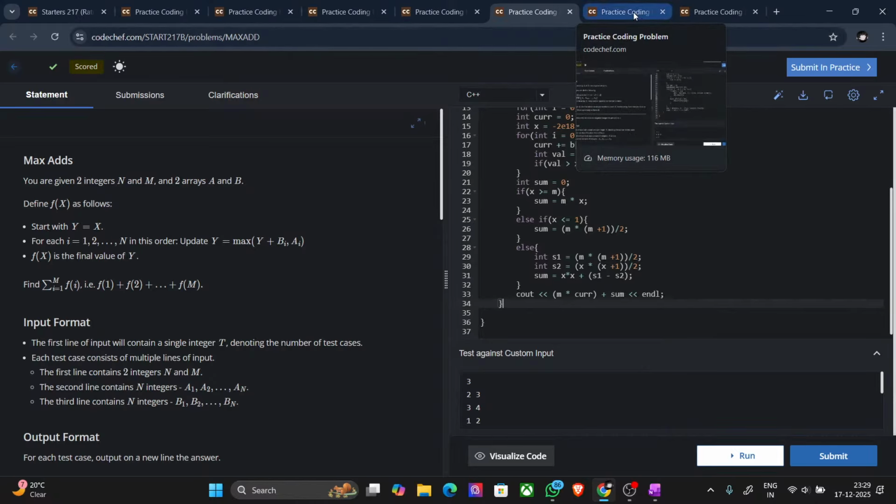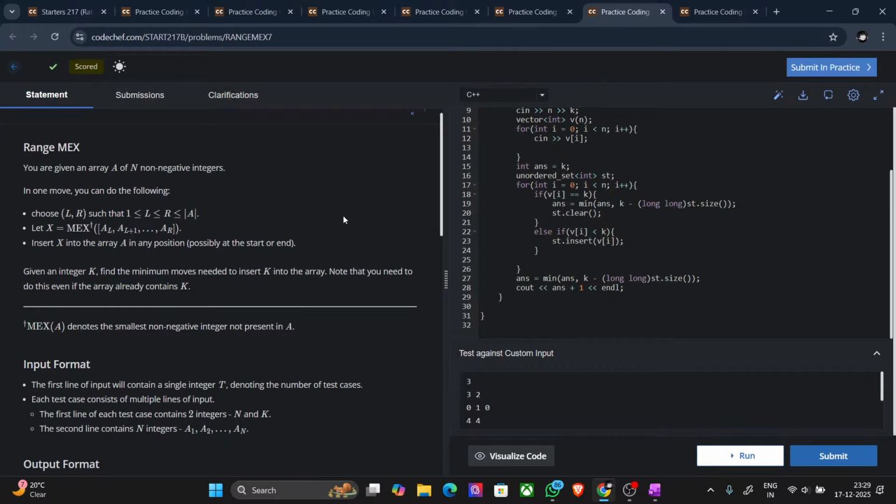So moving towards the next problem. For this problem, I don't know why this is the fifth problem of this set. It is easier than the previous one. As you can see, in this problem, we are given an array A of n non-negative integers, and in one move, you can do the following. Choose any indices L and R such that 1 is less than or equal to L is less than or equal to R is less than or equal to the size of the array.